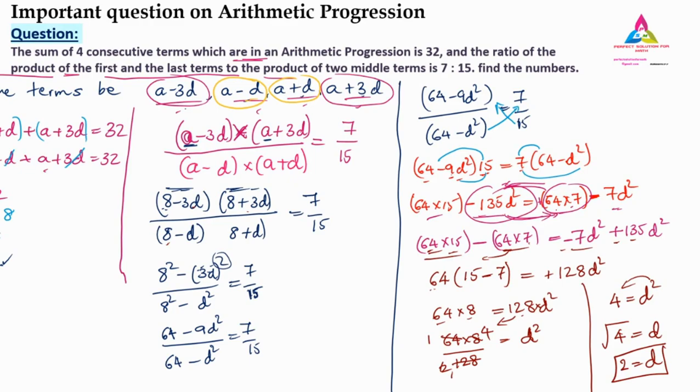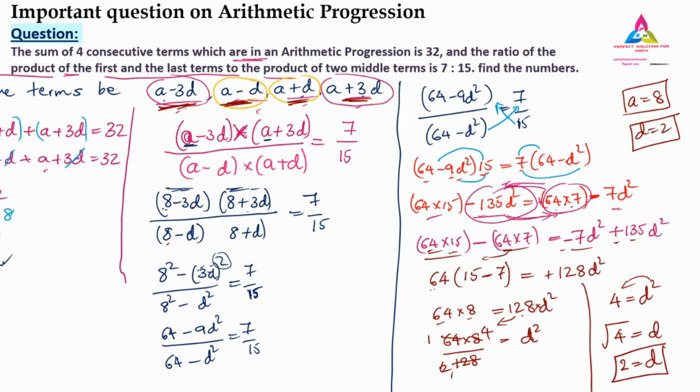So the d value we found as 2, and the a value we already know is 8. So we got d as 2. Now substitute in this: we need what? 4 terms. So a minus 3d, a minus d, a plus d, a plus 3d are the 4 terms.